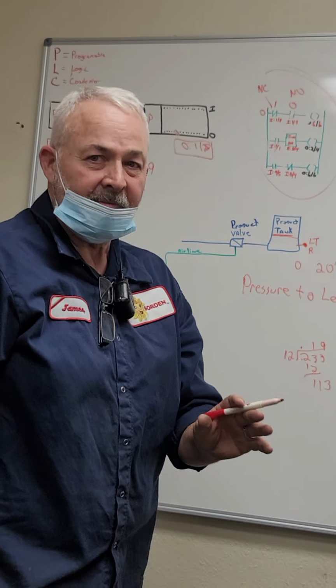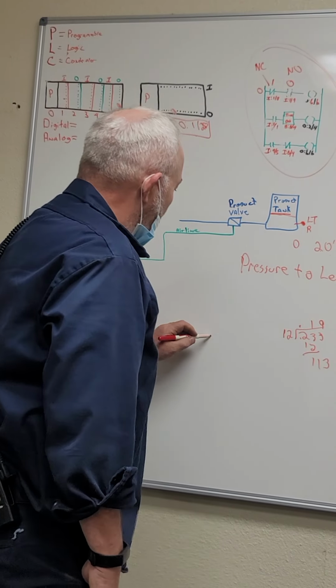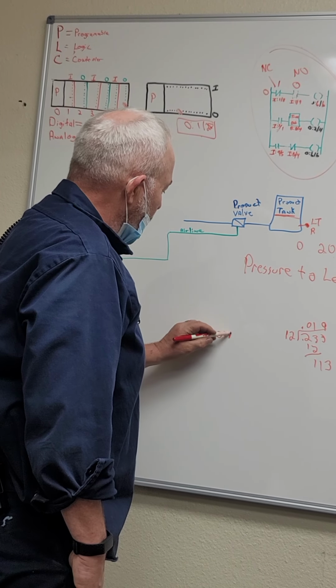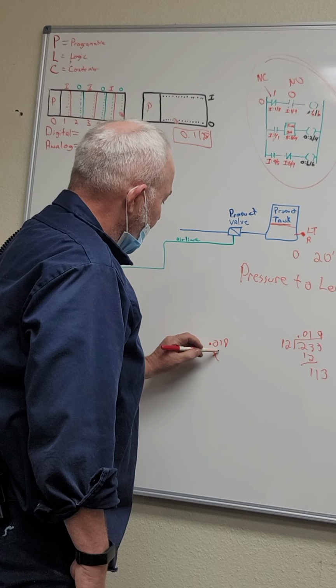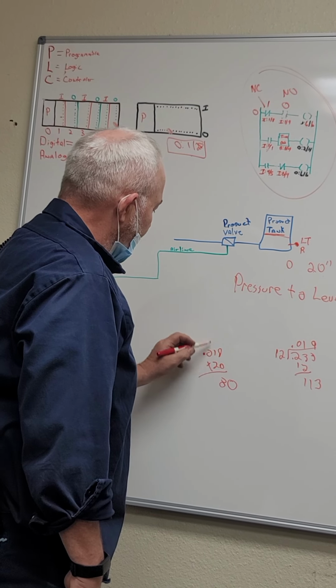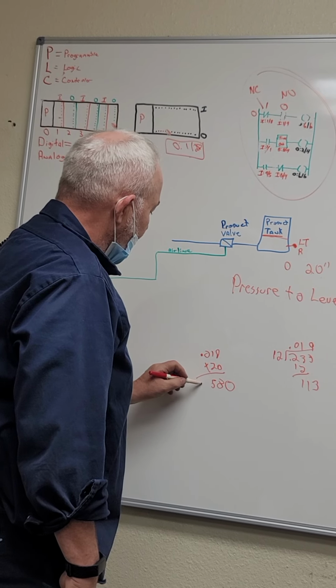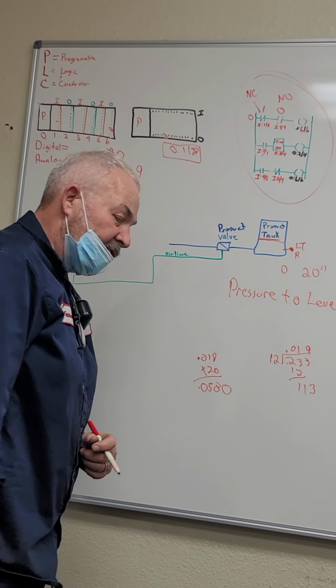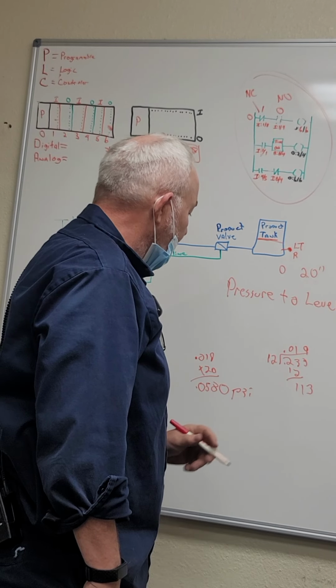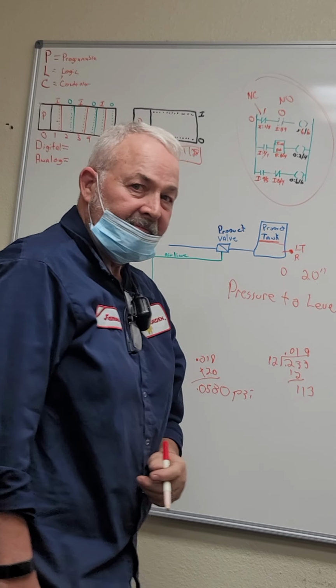It's not exact, but it's close. So now we have 0.19 times 20. We bring the 0 down, that's 18, that's 4, that's 5. So for every 0.0580 PSI, it's going to be 1 inch.